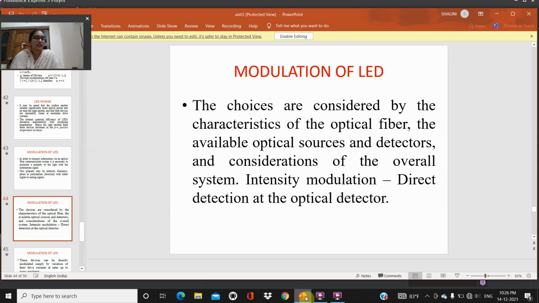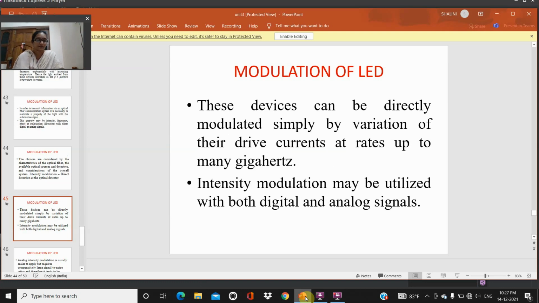The choices are considered by the characteristics of the optical fiber, the available optical sources and detectors, and considerations of the overall system. Here we use intensity modulation with direct detection at the optical detector.